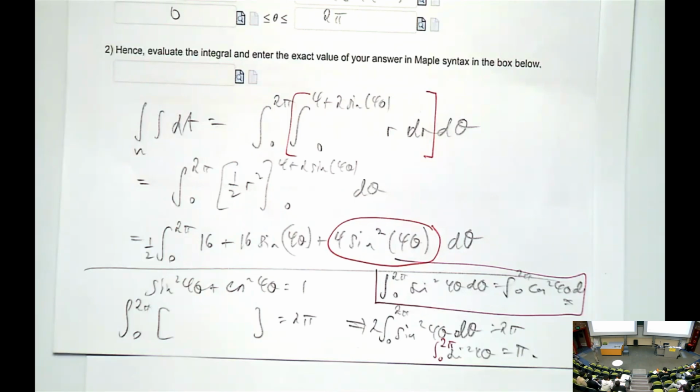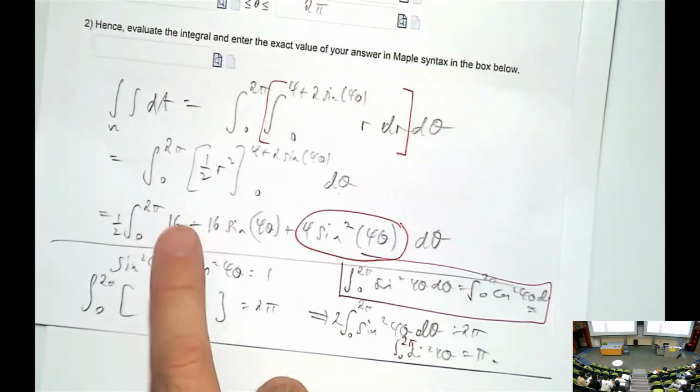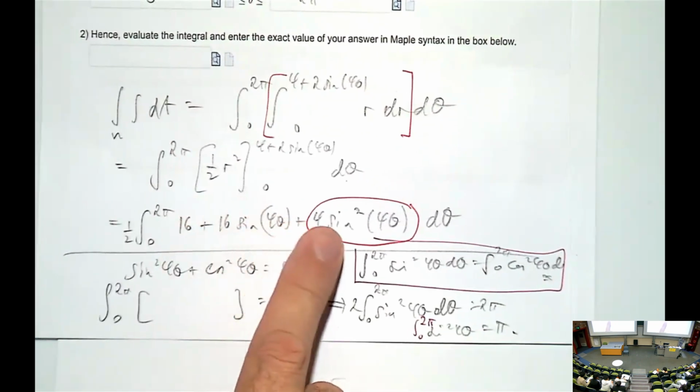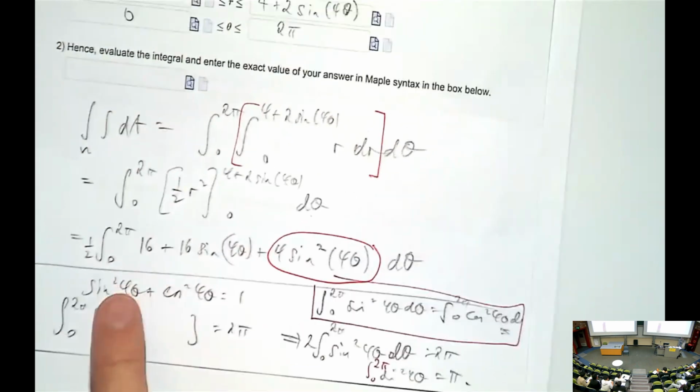That is amazing. Cos squared plus sine squared equals 1. You can use that to integrate all sorts of stuff. It's freaking brilliant. Okay? So this is an easy integration. This is not, but it is if you know that.